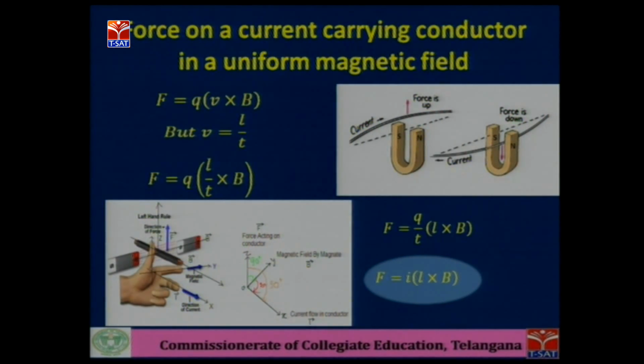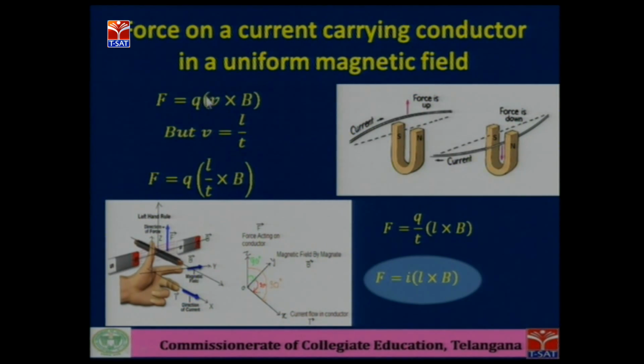Then, let us look at how the force on a current carrying conductor in a uniform magnetic field is calculated. We know that if a charged particle carrying a charge q is moving with a velocity v in a uniform field of strength B, then the force acting on it is equal to q into v cross B. What is v?